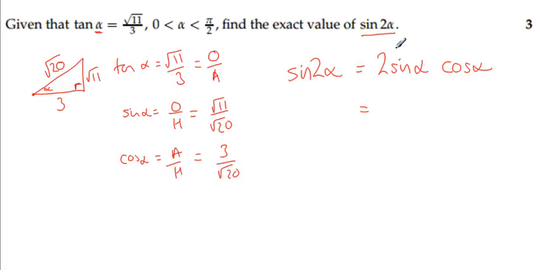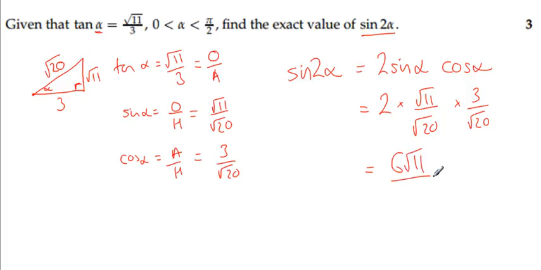And that changes this here into 2 times sine alpha, which is root 11 over root 20, times cos alpha, which is just 3 over root 20. And then you can simplify. Numerators give you 6 root 11, denominators give you 20, so that really means 3 root 11 over 10.